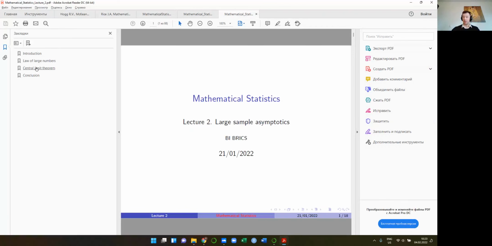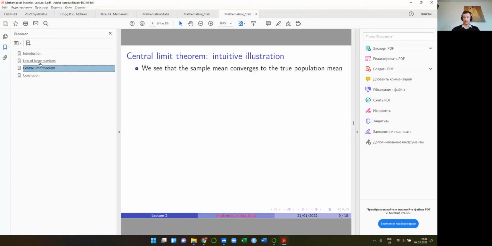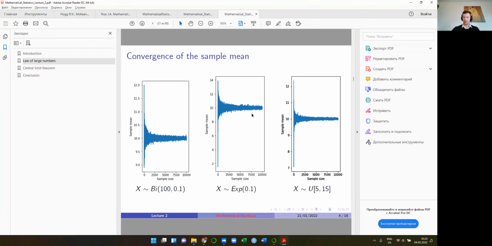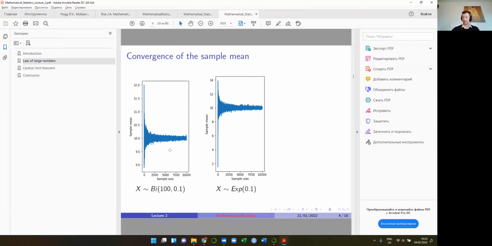Even though I don't know the target, if I collect a large sample... it doesn't mean that I shoot many times. No, the example of shooting is not very applicable here. It's one shot, but if the sample size is large, my shot becomes more and more precise.